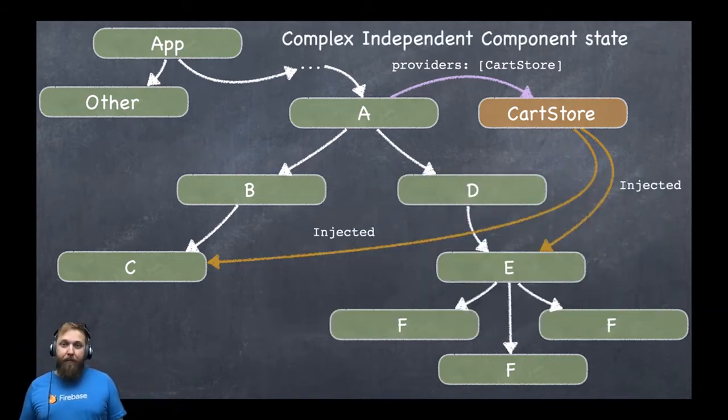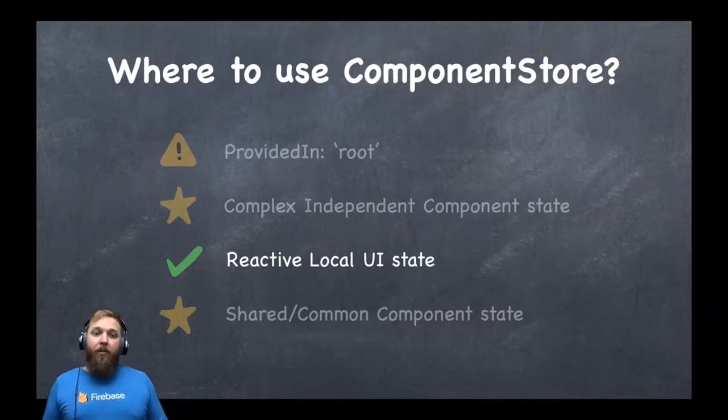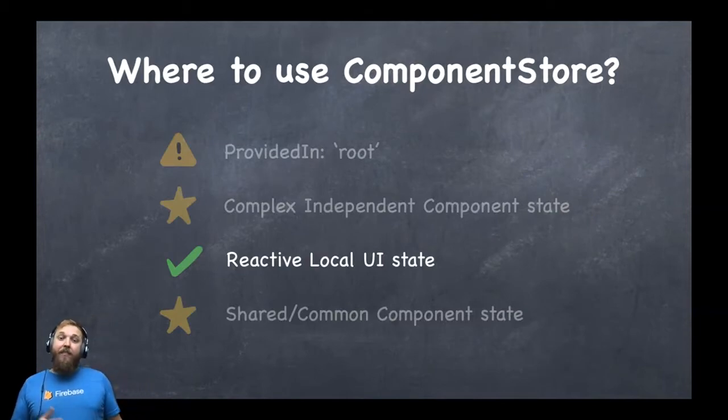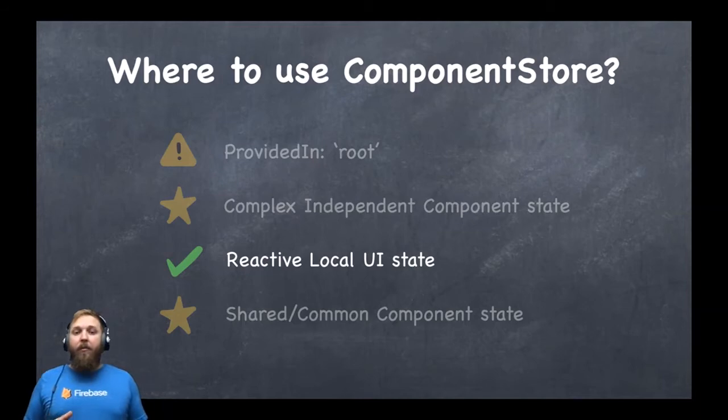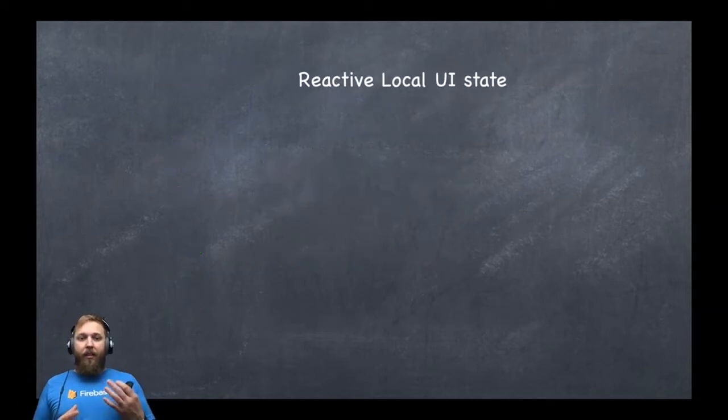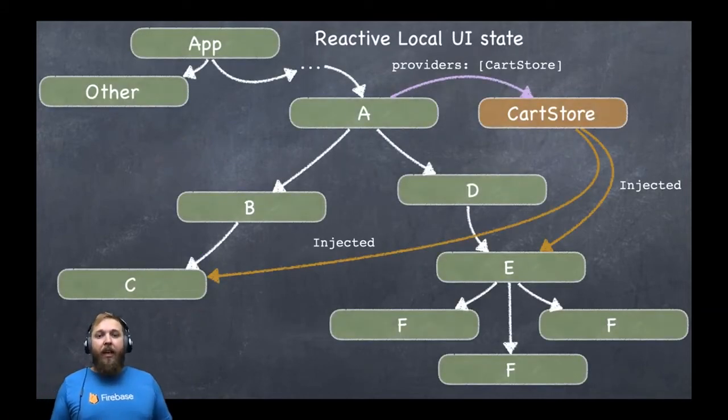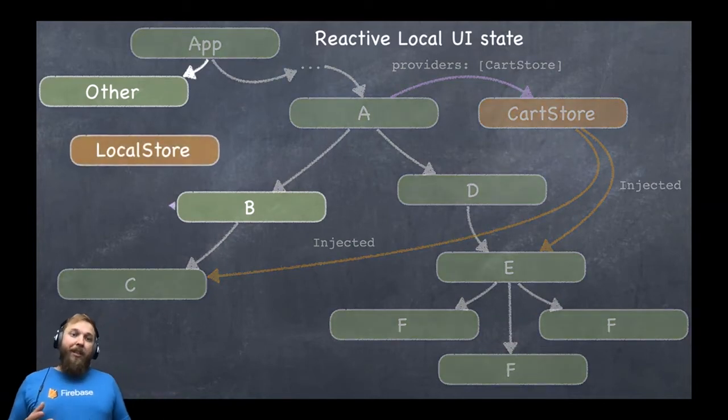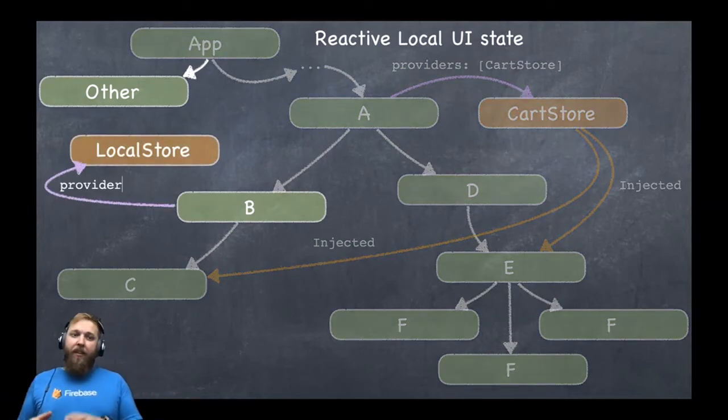All right, so reactive local UI state is even simpler. Sometimes we have components that are heavy on the business logic and maybe have some even local UI state that's reactive. For example, in this case, component B could be quite busy. So instead, we can create a specific store just for that component.